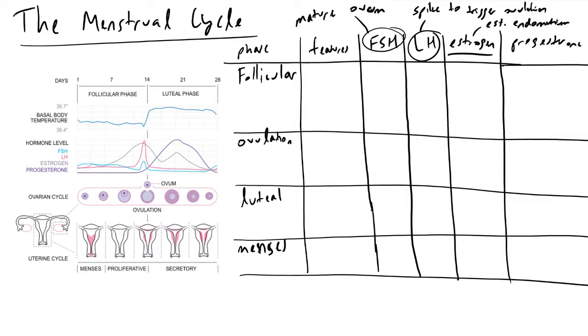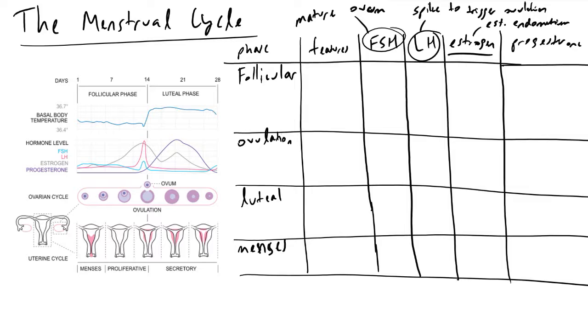And progesterone's role is to protect the endometrium after it's been developed. So after we've established those base layers, progesterone keeps everything intact for that current cycle. And so the 4 phases of interest are the follicular, ovulation, luteal, and menses.